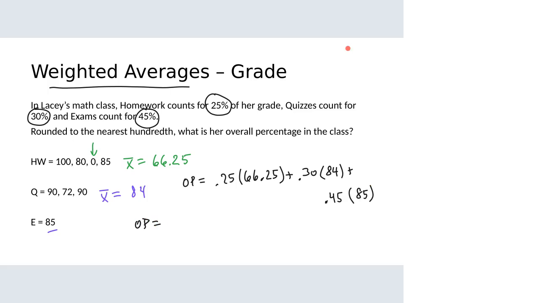So the first thing we're going to do is multiply these together. 0.25 times 66.25 is 16.5625. We're going to do the same thing here with her quizzes and have 0.30 times 84 and get 25.2.